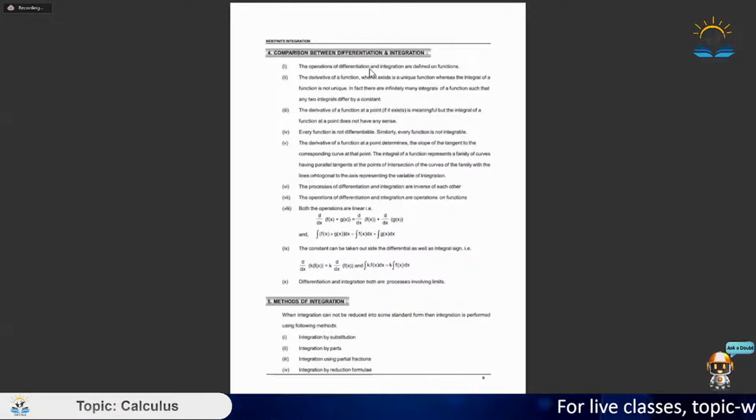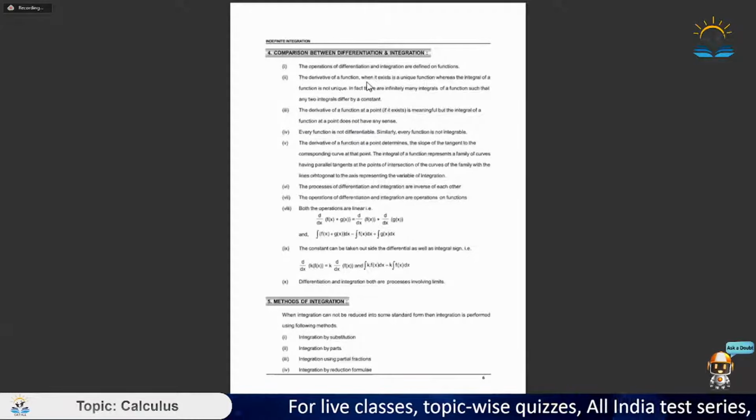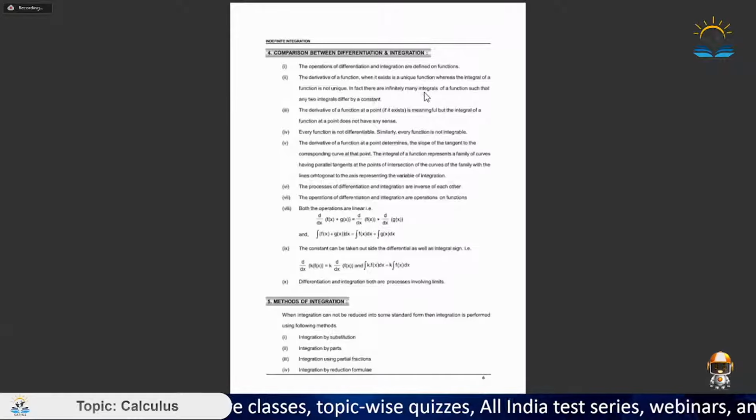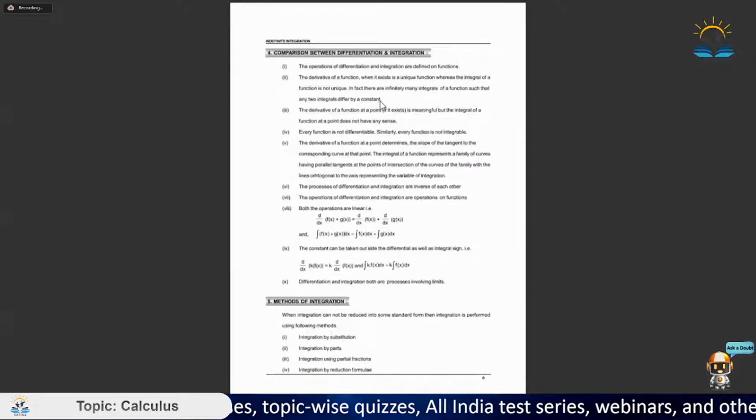The operations of differentiation and integration are defined on functions. Yes, obviously true, we know this. The derivative of a function, when it exists, is a unique function, whereas the integral of a function is not unique. In fact, there are infinitely many integrals of a function, so that any two integrals differ by a constant. Yes, it is true.